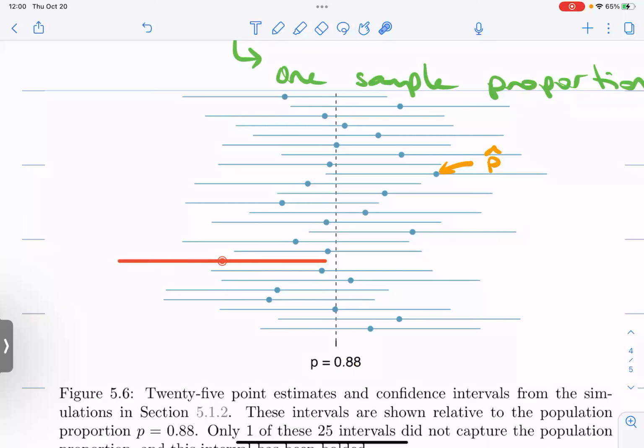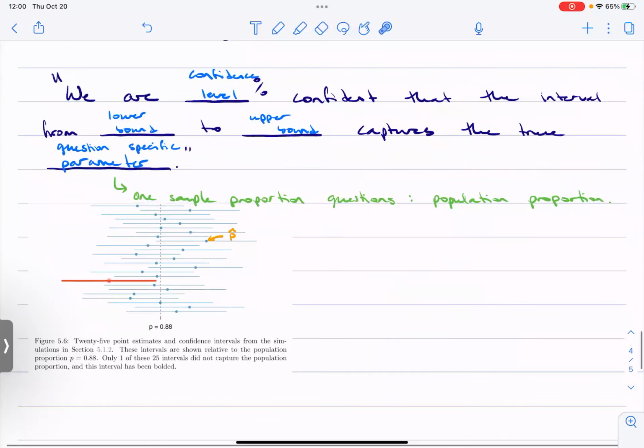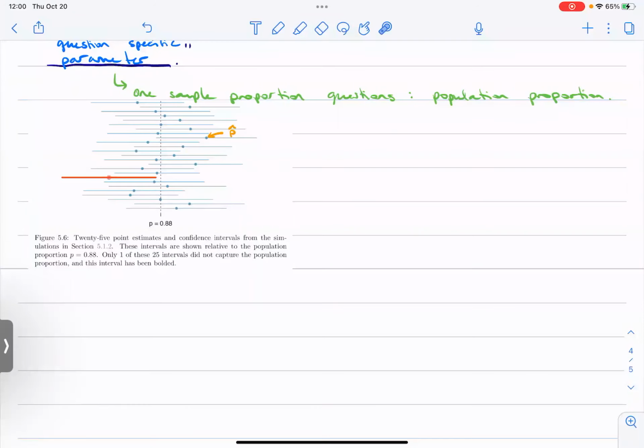But only 5% of the time. So only 1 out of 25 is where that happens. So that's why we can only be 95% confident that we're capturing the population proportion. In this example, we knew what it was because we made it so, right? But that's what's happening in real life as well.